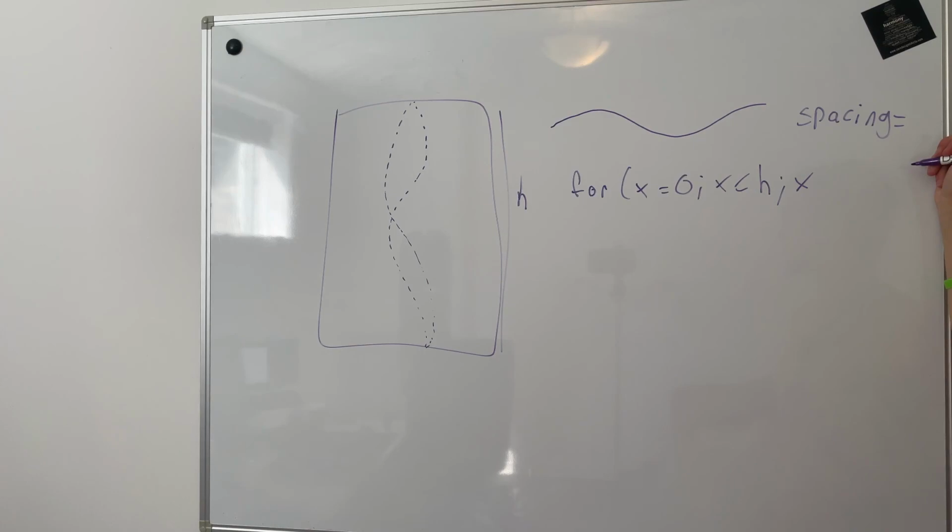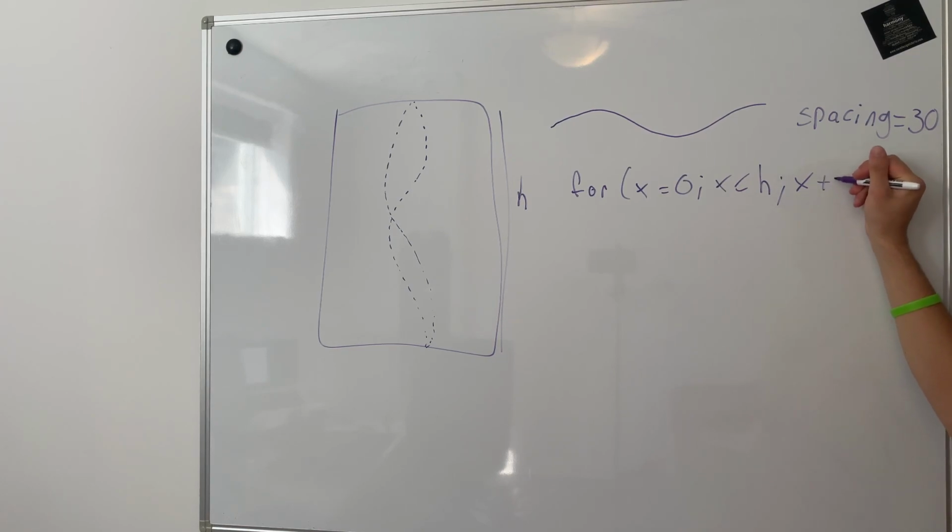Maybe set that equal to, I don't know, 30. Hopefully you can see that. Yes, I think you can. So we add to x some spacing every time in the loop.